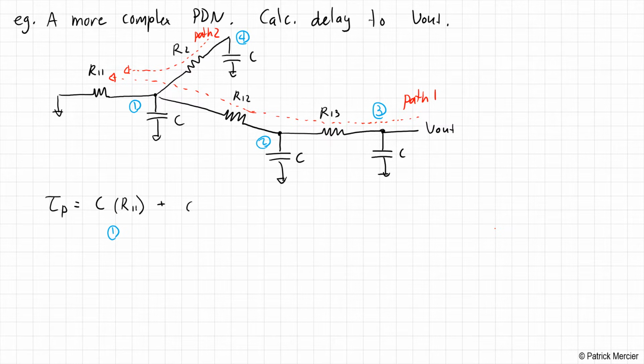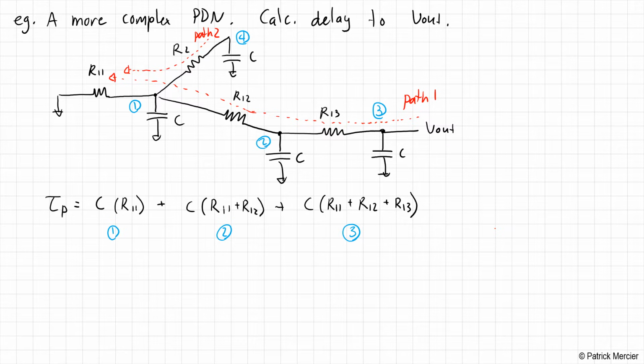Here we have C of capacitance, and now we're going to have R11 plus R12 as the resistance along that shared path. So far so good. At the output, we have C of capacitance and R11 plus R12 plus R13. So far no surprises here.